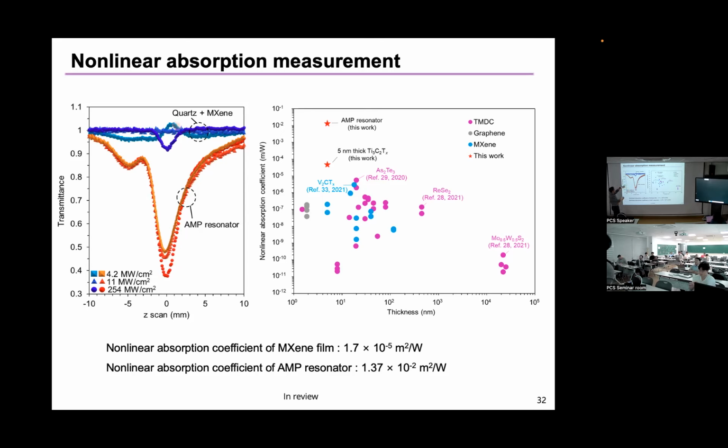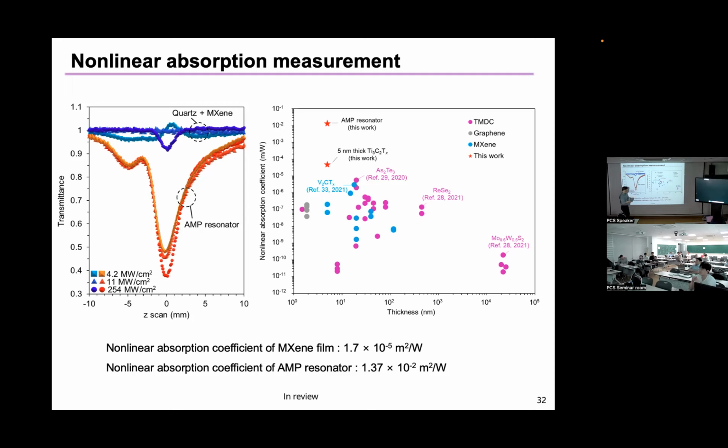Only the MXene shows like this here. But the MXene resonator shows extremely large absorption at these input powers. We can extract the absolute nonlinear absorption coefficient from this absorption spectrum, so we can clearly compare the exact values of the nonlinear absorption coefficient with different 2D materials.